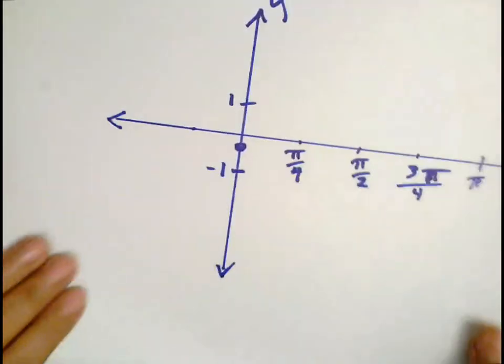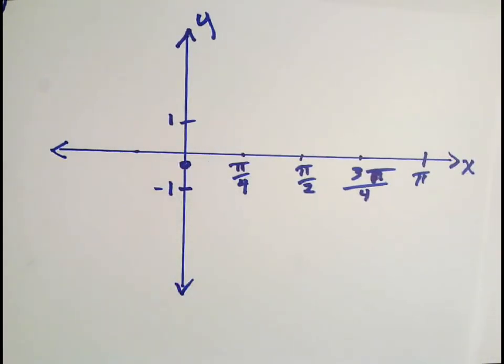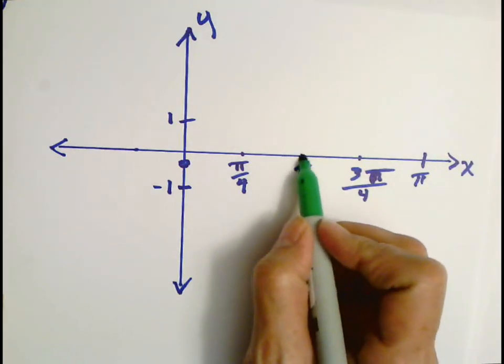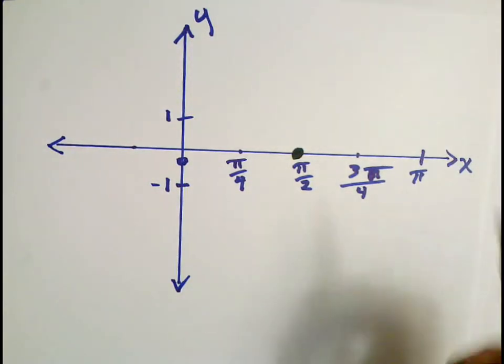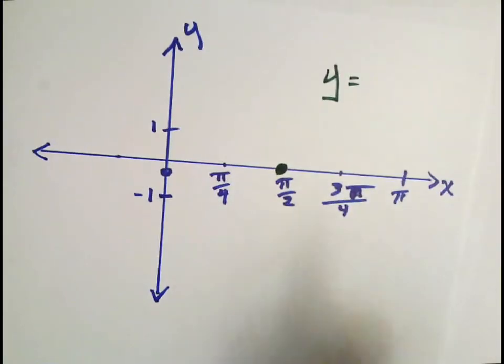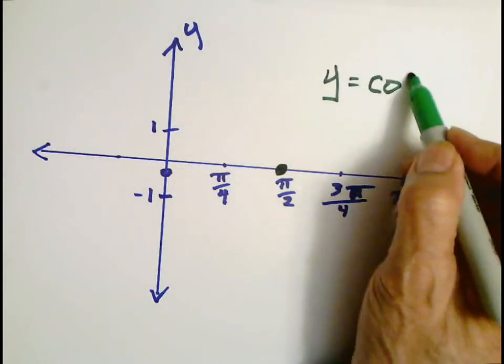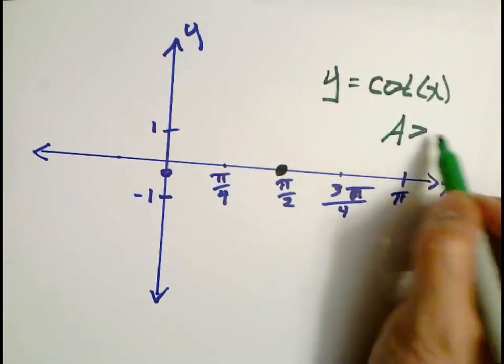So we're going to first of all draw our xy axis, and we're going to put our 5 critical numbers here. Remember, the middle critical number is always going to be a point on the axis. Since we know the direction, y is equal to cotan of x, and you know that the a is greater than 0.